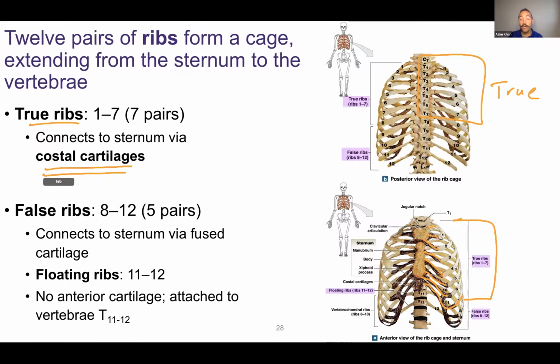Costal cartilages are made of hyaline cartilage that allows them some flexibility, but a bit of strength for protection, flexibility so they can move as you breathe. So it offers a mix of flexibility and strength. Not the most flexible like elastic, not the strongest like fibrocartilage, it's in between.